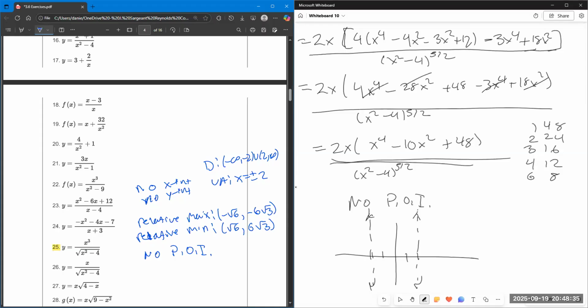As I get close to 2 from the right, this is getting close to a small positive number in the denominator. That's a positive number in the numerator. This is going to positive infinity up here.